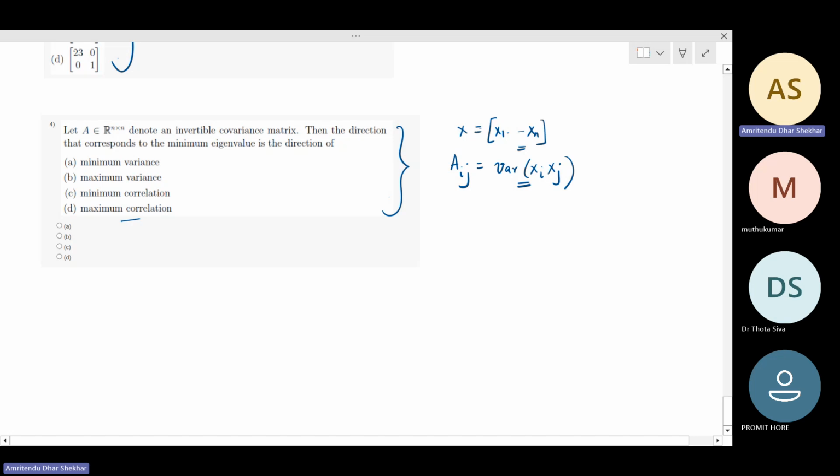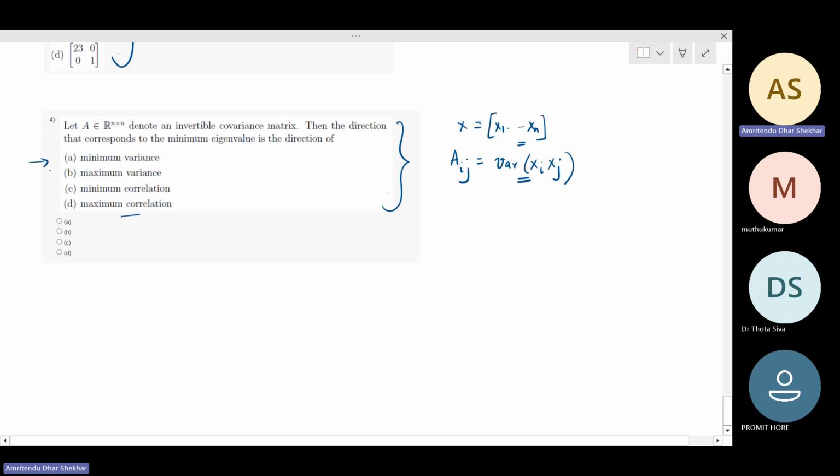But I may be wrong. Let's look at this question next week. It's slightly not related to the course. It would have been better if they defined what they meant by correlation, variance, etc. If you have any ideas, you can let me know. Otherwise, we'll move on to the next problem.